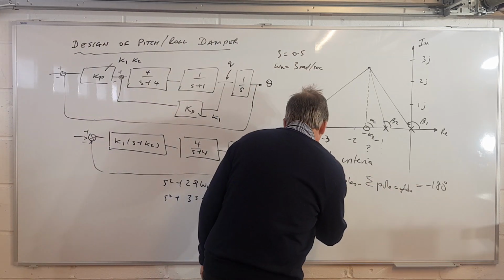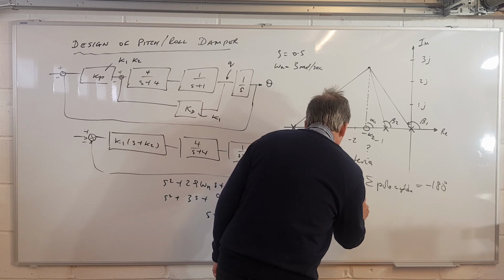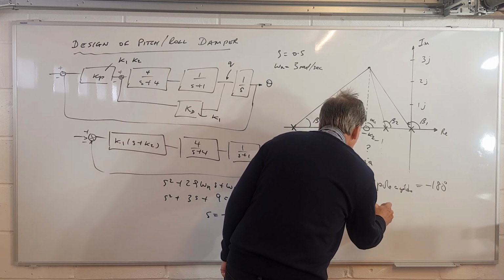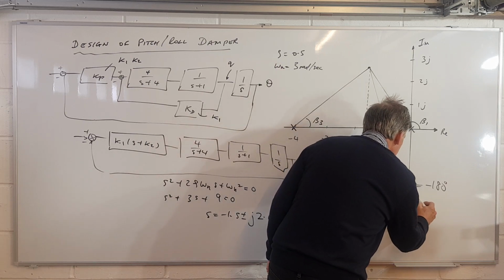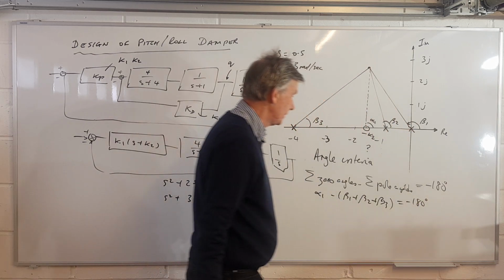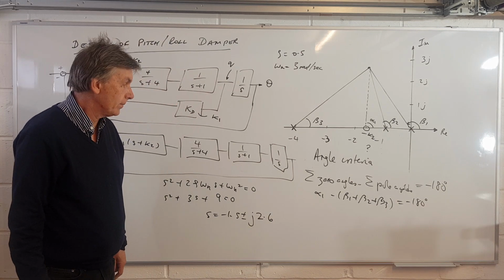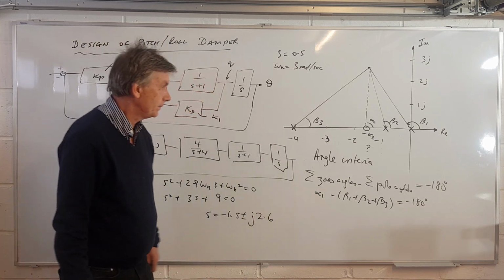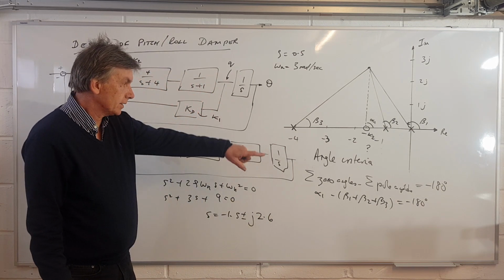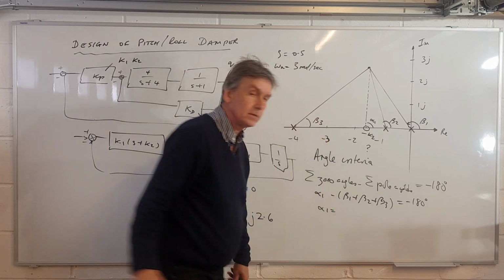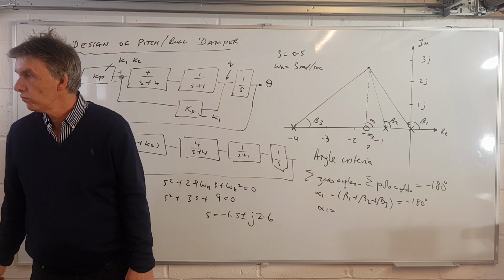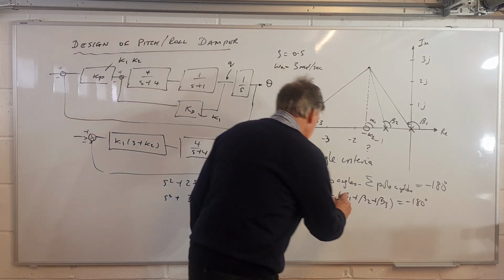So we get alpha 1 minus beta 1 plus beta 2 plus beta 3 is equal to minus 180 degrees. And in this equation, we know everything but for alpha 1. So having solved this, alpha 1 comes out as 87 degrees.